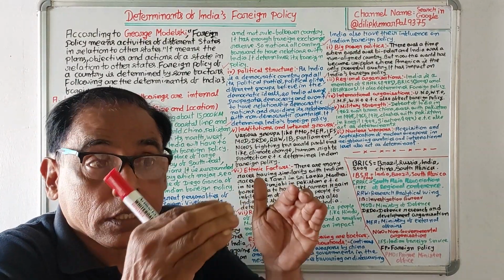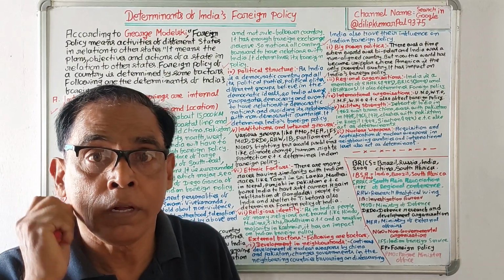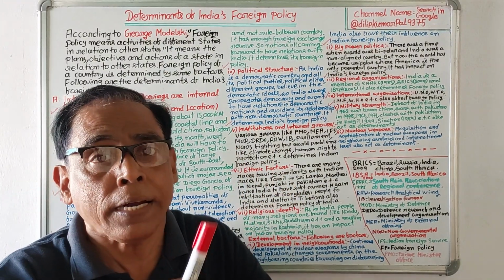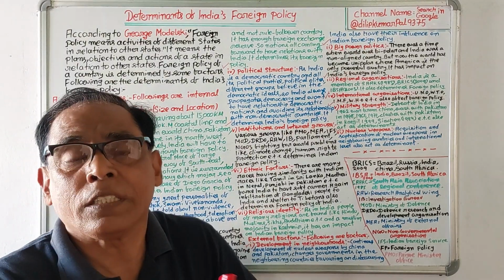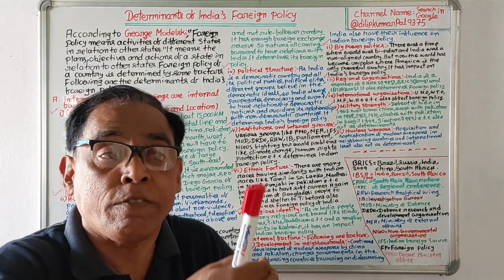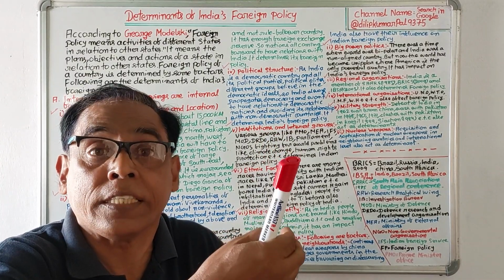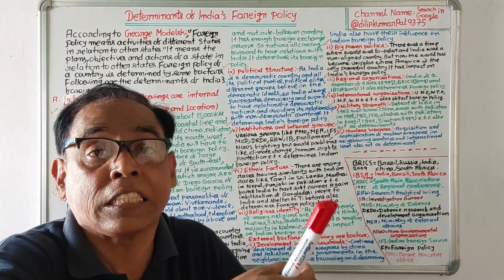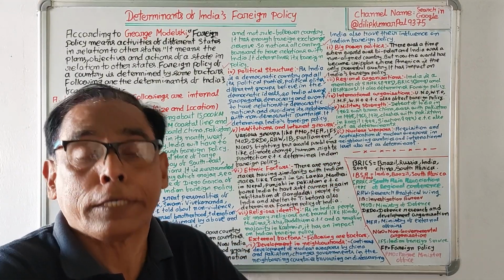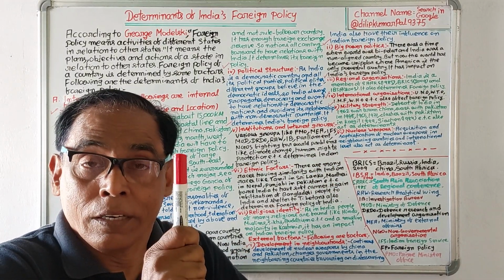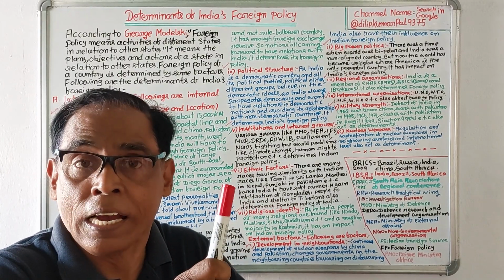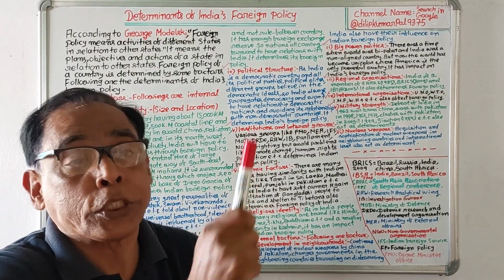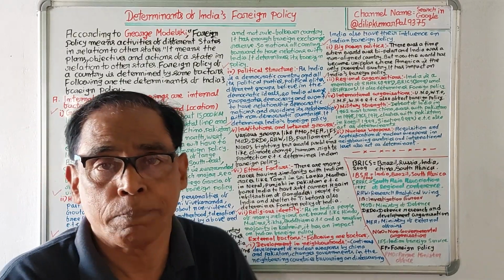So the democratic ideology of India also acts as a determinant of India's foreign policy. As India has democracy, India always wants to have good relationships with democratic countries. India is avoiding relationships with non-democratic countries. So the political structure of India, which is democracy, also determines India's foreign policy.